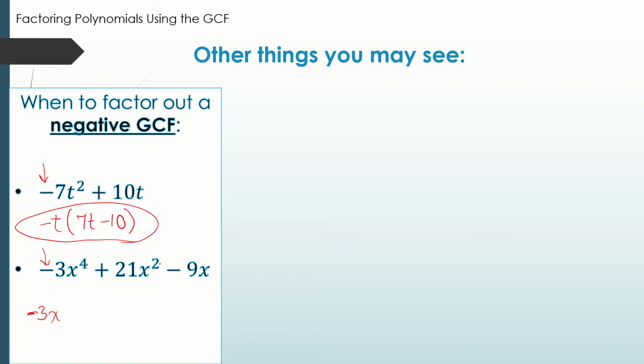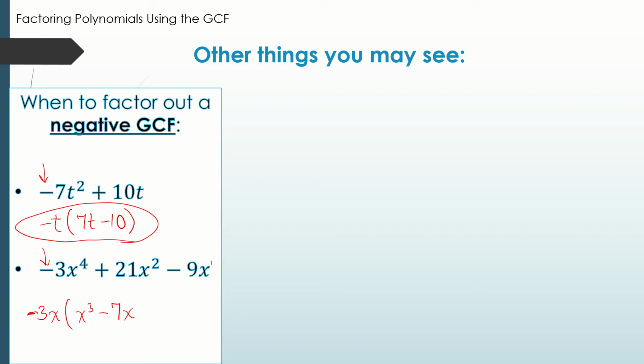That has an exponent of 4, 2, and 1, so the most I can take out is x to the first. So negative 3x is what I'm going to divide out of each of these terms. Negative 3x to the fourth divided by negative 3x: negative 3 divided by negative 3 is positive 1, and x to the fourth divided by x is positive x to the third. 21 divided by negative 3 is negative 7. 2 x's, take 1 out, leaves me with an x.